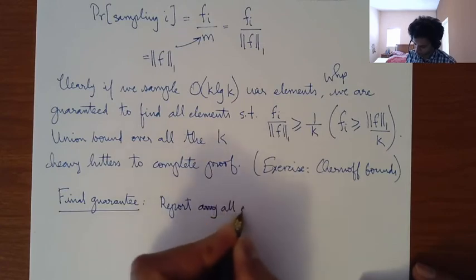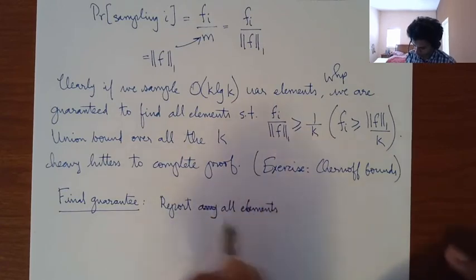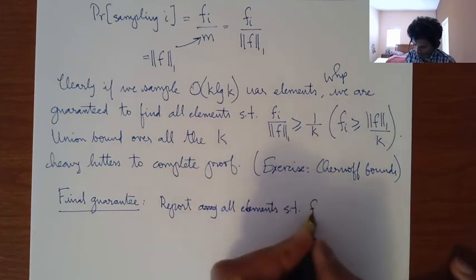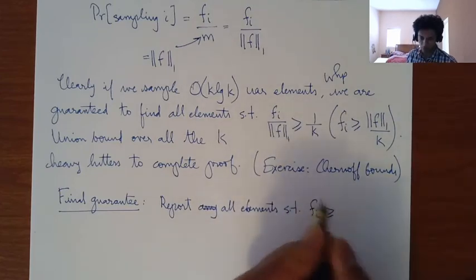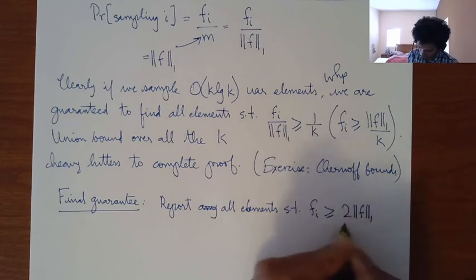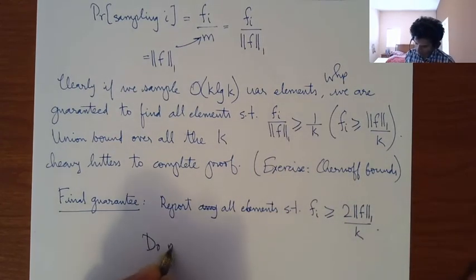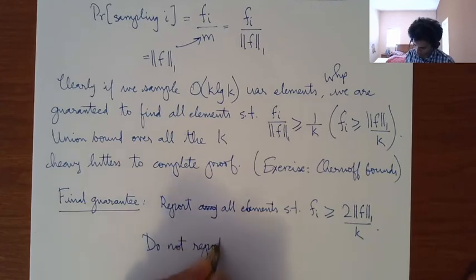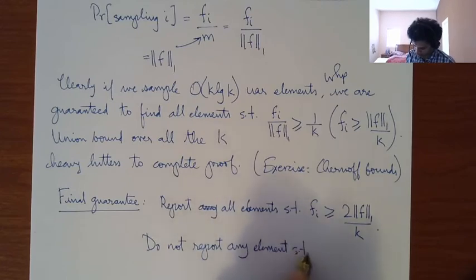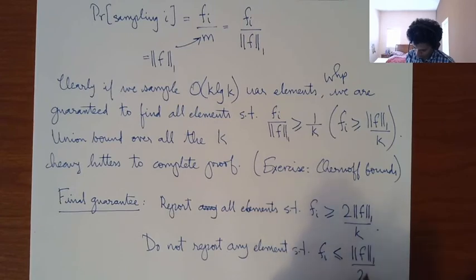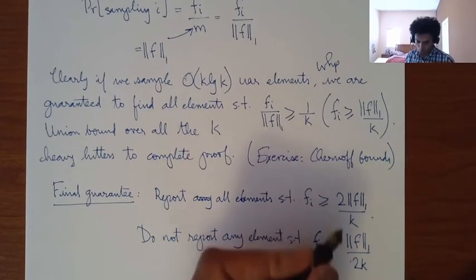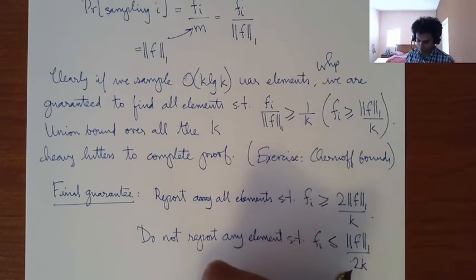Report all elements such that f of I is at least this, and do not report any element such that f of I is less than that, where the 2 is just a constant for convenience. You can replace this by anything that is more than 1. You could replace this by 1 plus delta and put a 1 plus delta there.